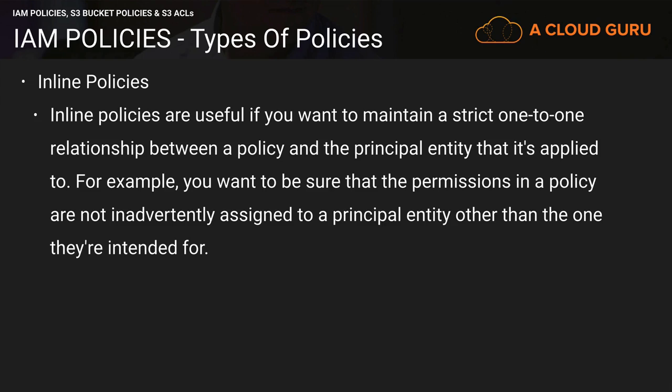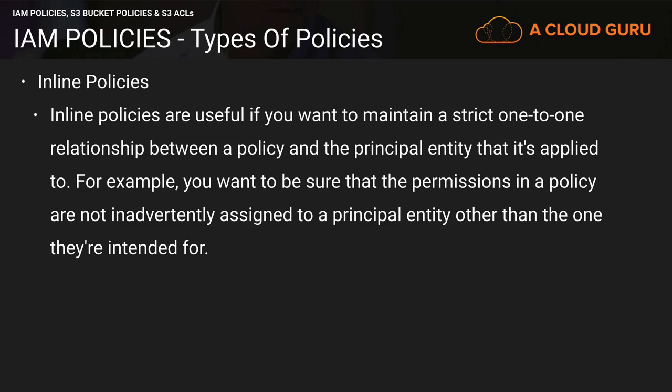So you might write a policy specific to an individual employee or to an individual group, and you don't want that policy to be reused across your AWS account. You would then basically put that policy inline, and it can only be used by that entity. Of course, you can copy and paste the actual JSON document and then recreate it somewhere else, but they are separate policies. If you wanted to make changes, you'd have to go in and update both.